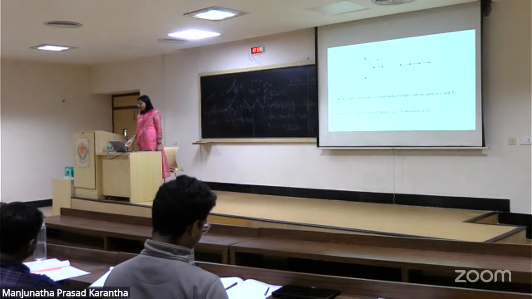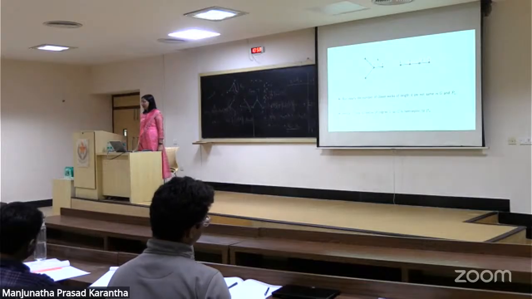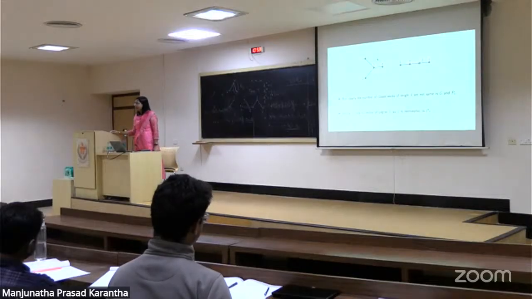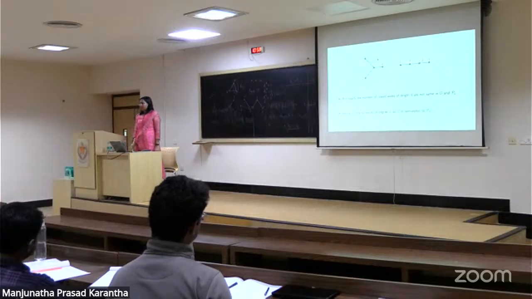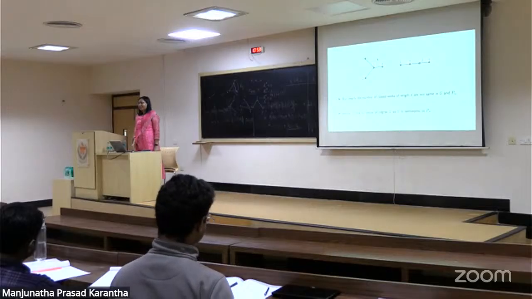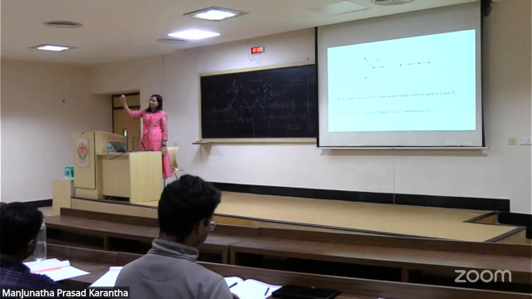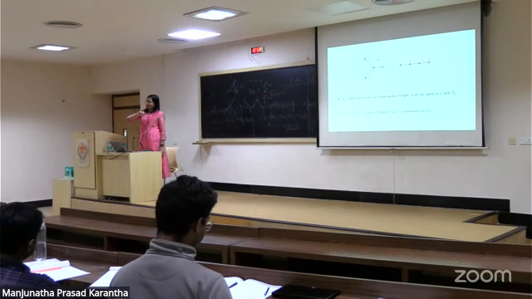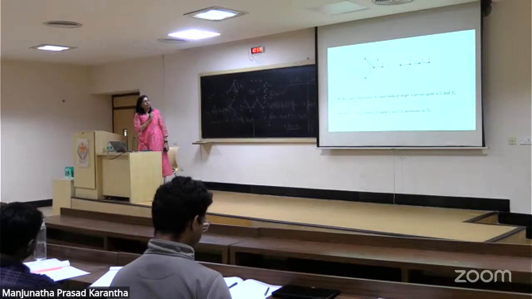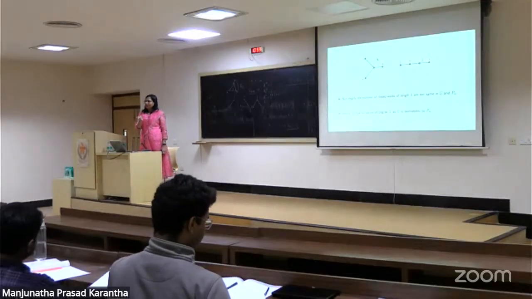Now if your path is there, when you are looking for length 4 walks, how will it be computed? You start with one vertex, and then you can go to another one and come back, and again go and come back. Each vertex which is adjacent to it, you can do this. So if I start in a path from 1, I go to 2, then come back, then again go to 2 and come back.